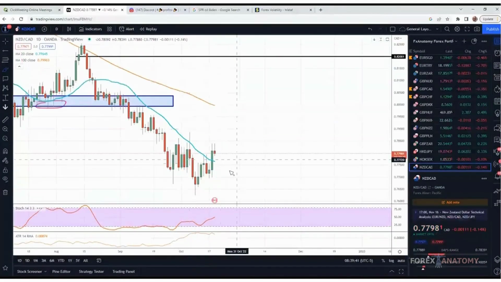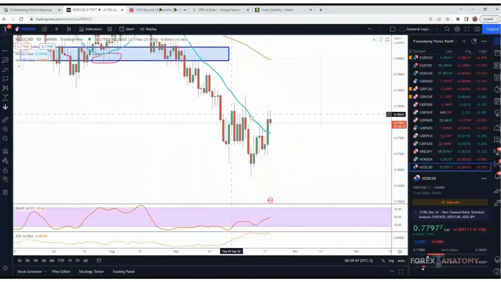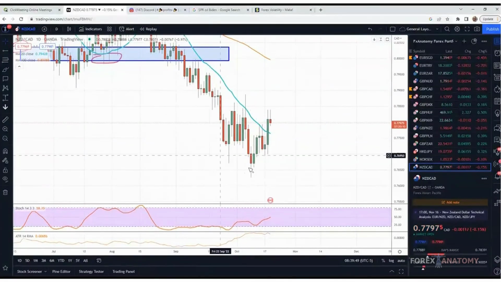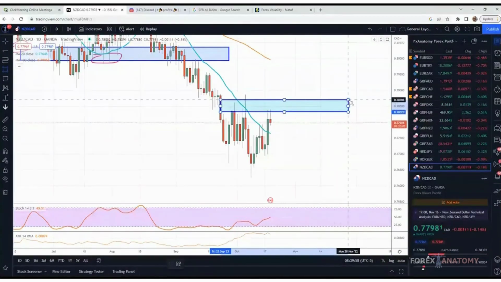All right. So right here we're on the daily chart of Kiwi CAD. What we can obviously see is that price is testing an area of supply or resistance, however you want to call it, and it's respecting this area.